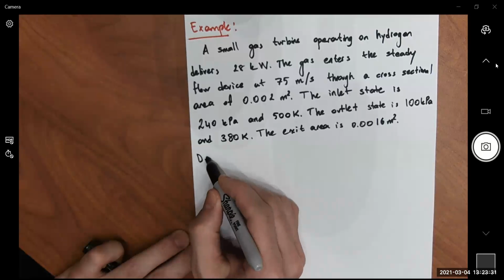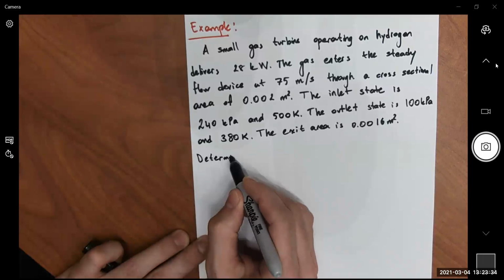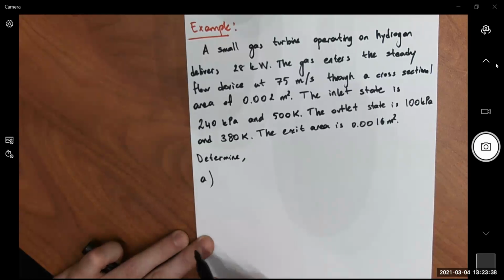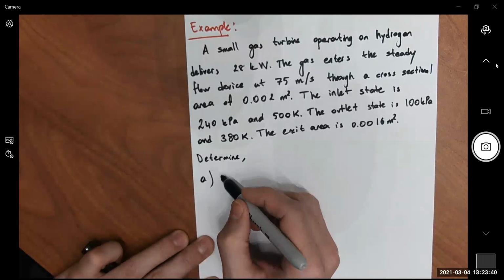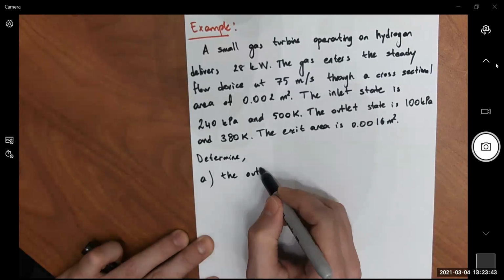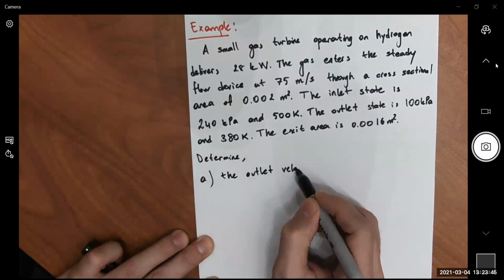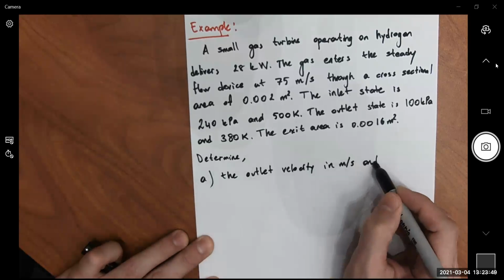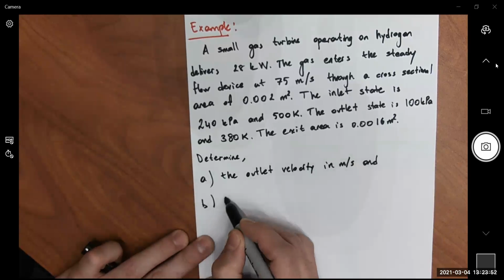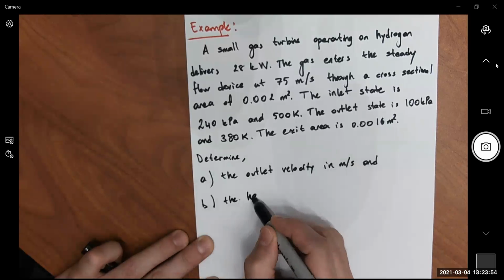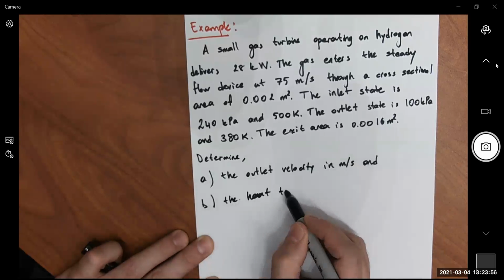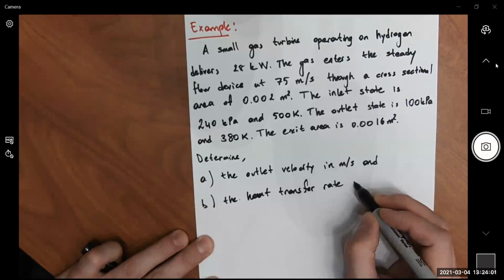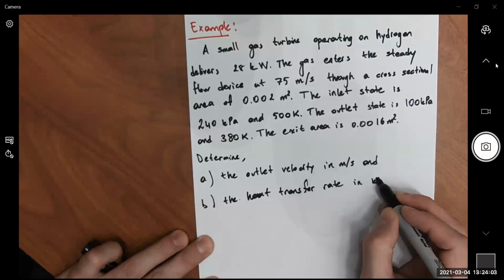Determine A, the outlet velocity in meters per second, and B, the heat transfer rate in kilojoules per minute.